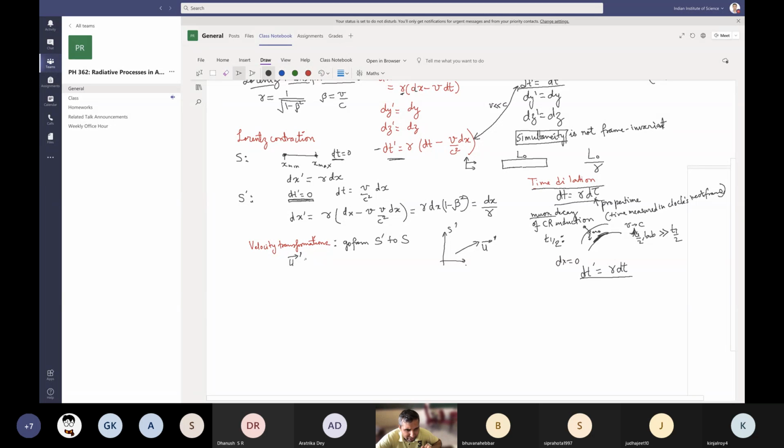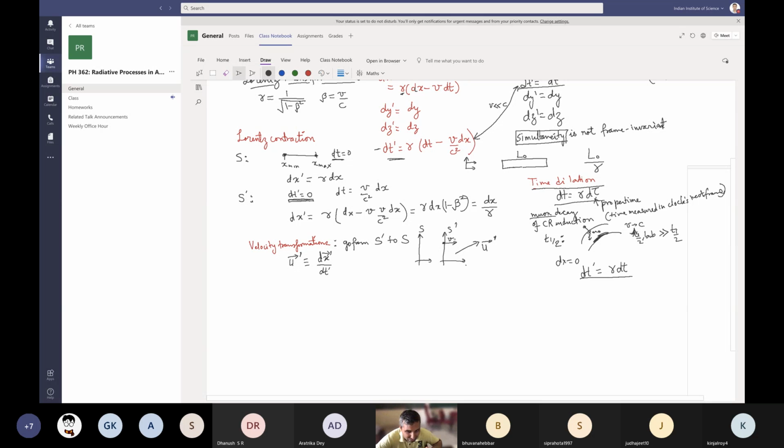What is U prime? U prime is nothing but dx prime by dt prime, where x prime is the coordinate of the particle in frame S prime. This is the definition of velocity measured in frame S prime. We are given U prime and we want to get U in the lab frame. So this is your lab frame S, and this is moving with velocity v in the x direction.